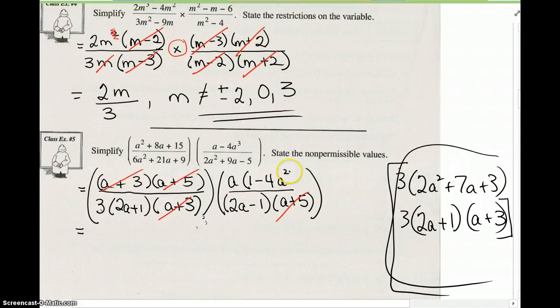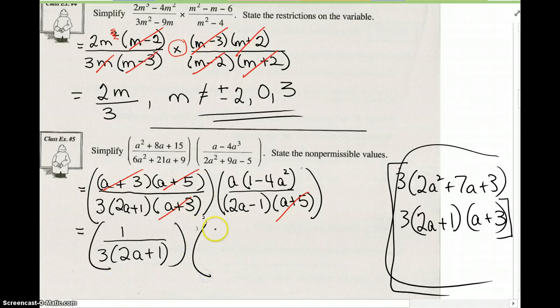I also have just recognized that this particular question, this top, is a difference of squares, so we're going to need to do something up there as well. So let's take another step. We'll just keep going, and I'll have a 1 on top here. I'm going to have a 3 with a 2a plus 1 on the bottom, and then on this side I still have an a up here, but notice what I have.